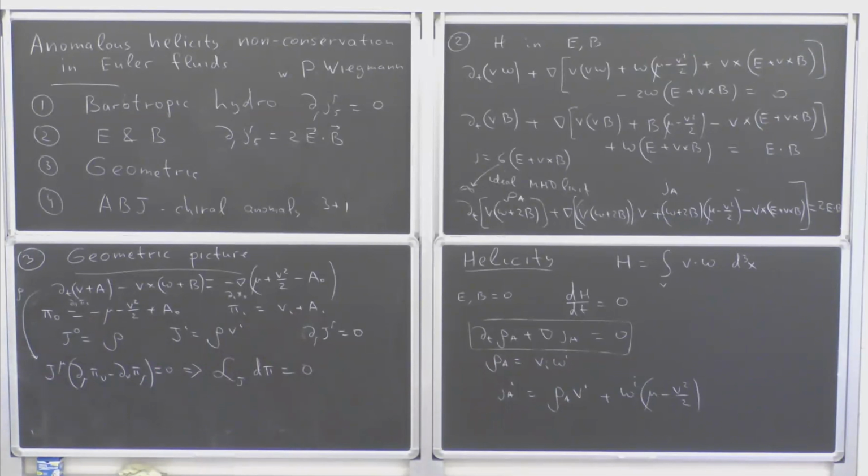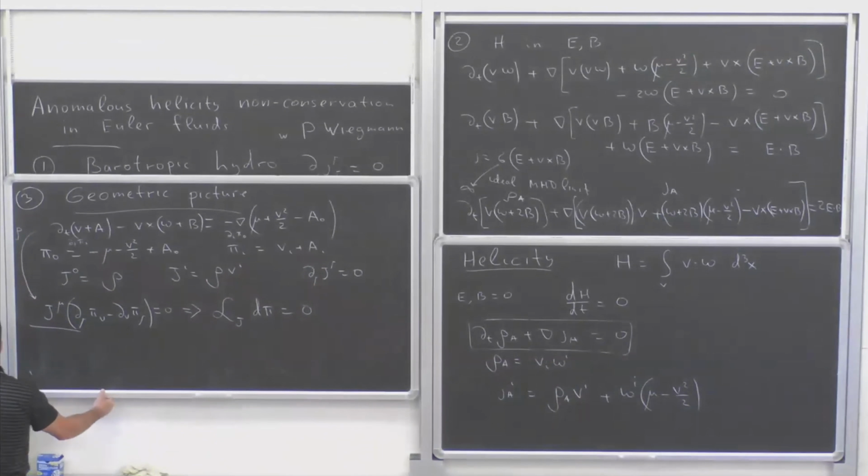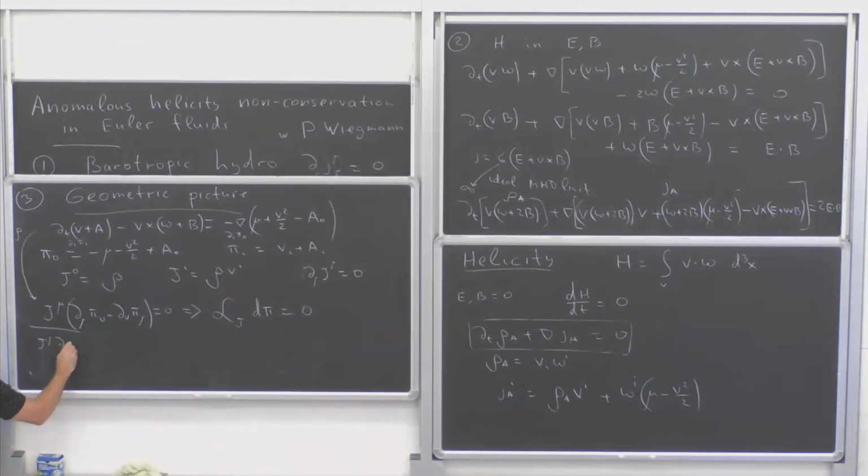Okay, then we can do more. So let me do it in indices, and then I will say how it looks even more geometrically. So I'll take this equation, and I will use the following identity. Sorry for this boring piece.